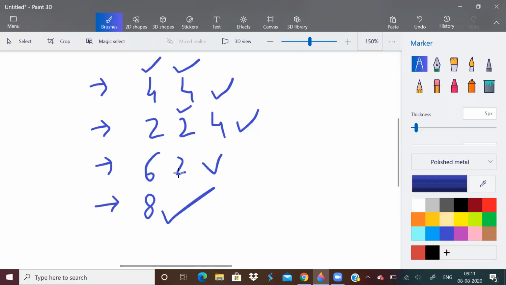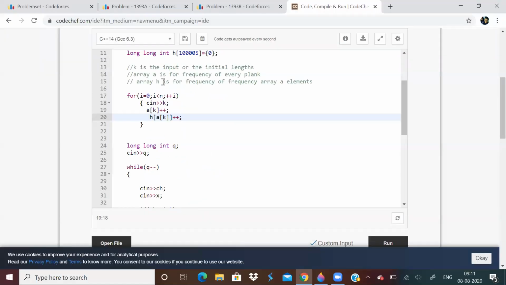I want those answers, right? I want how many elements have a frequency like this. If I get 2 elements of frequency 2 and 1 element of frequency 4, then yes, I can make it. So how to get that? That is why I have this array H.